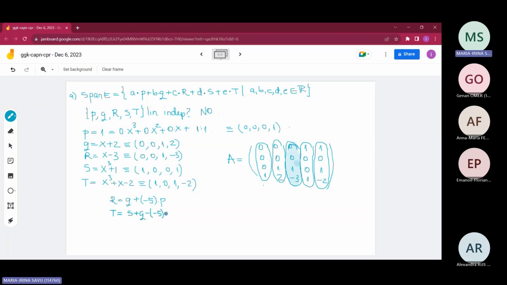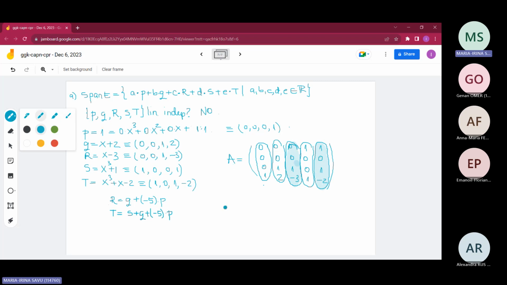And you have minus 5 times this one, times P. So T could be written using S, Q, and P. So it means that T will also be removed from here. T disappears.